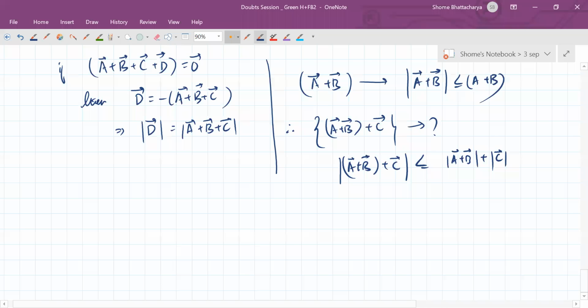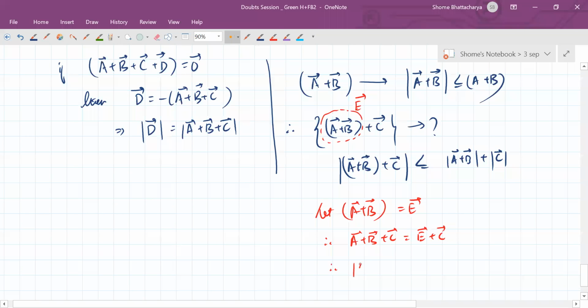Okay, it's like, see, you're treating this as a new vector. Suppose this is a new vector E. Okay, so suppose A plus B is equal to E. So therefore A plus B plus C is equal to E plus C. So therefore you can see that mod of A plus B plus C is equal to mod of E plus C, and by definition that has to be less than equal to E plus C. Okay, or this.